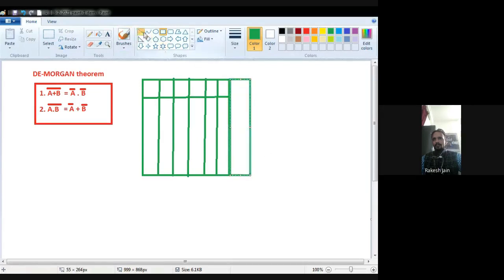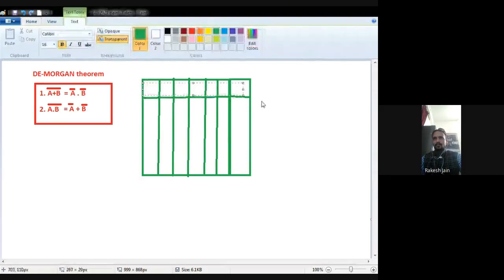Then for the right hand side we require A bar, B bar, and then finally we require A bar dot B bar. First A, then B, then A plus B, then A plus B bar, then A bar, then B bar, then A bar dot B bar. Now I write down their names.